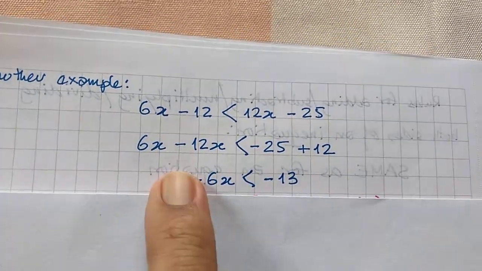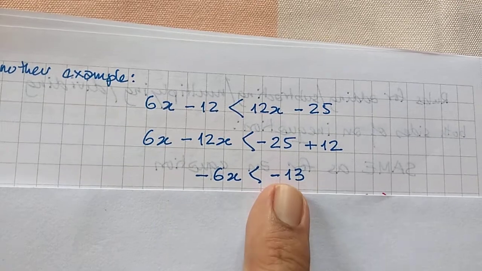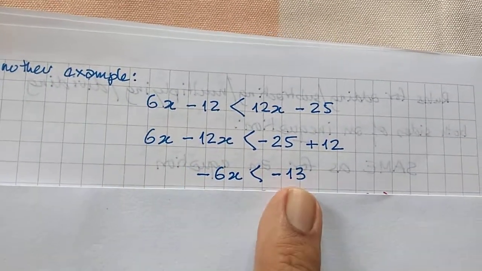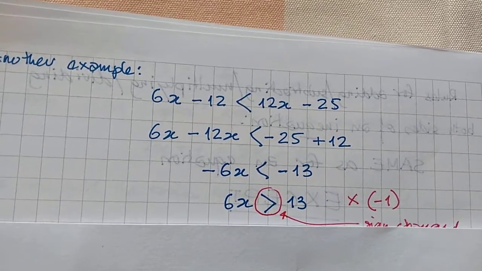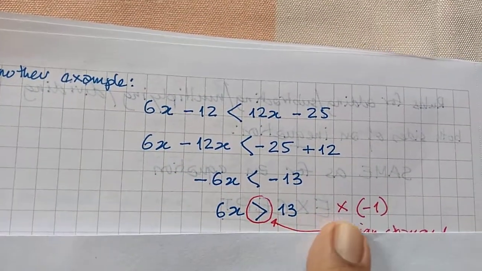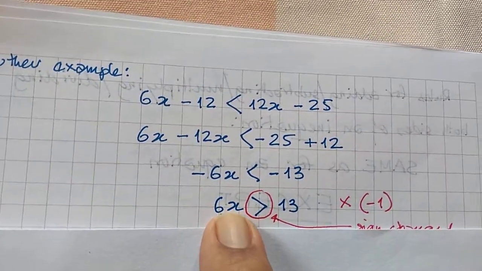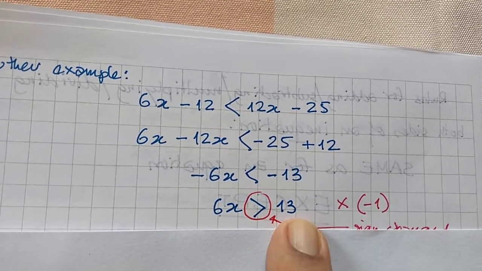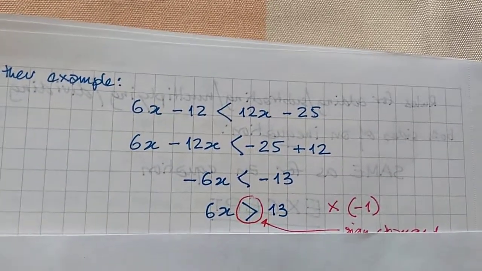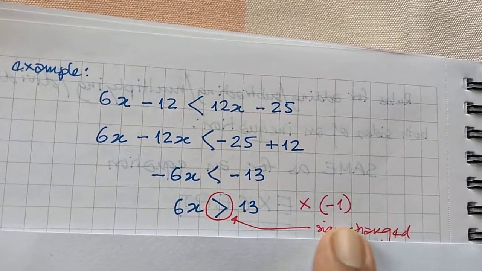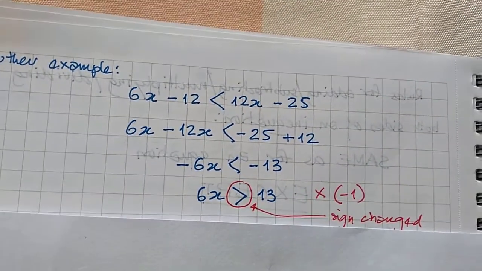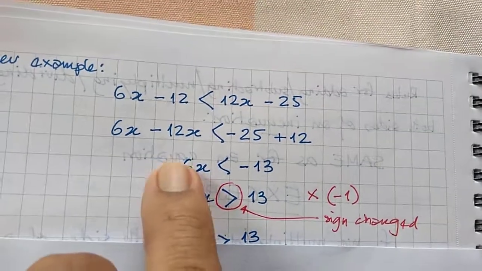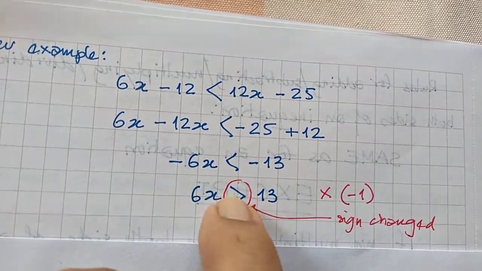Now I want to get rid of the minus, so I multiply both sides by minus 1. But when I multiply by a negative number, the sign has to flip. So that's what is happening. I multiplied by minus 1. 6x is greater than 13, and here the sign has changed because I multiplied both sides by a negative number. Or if I divided both sides by minus 1, I would get the same thing.